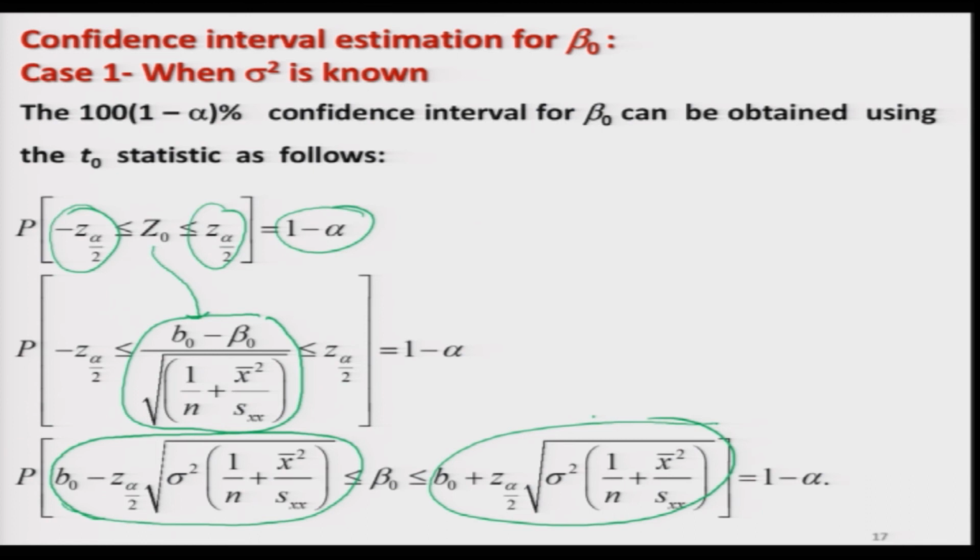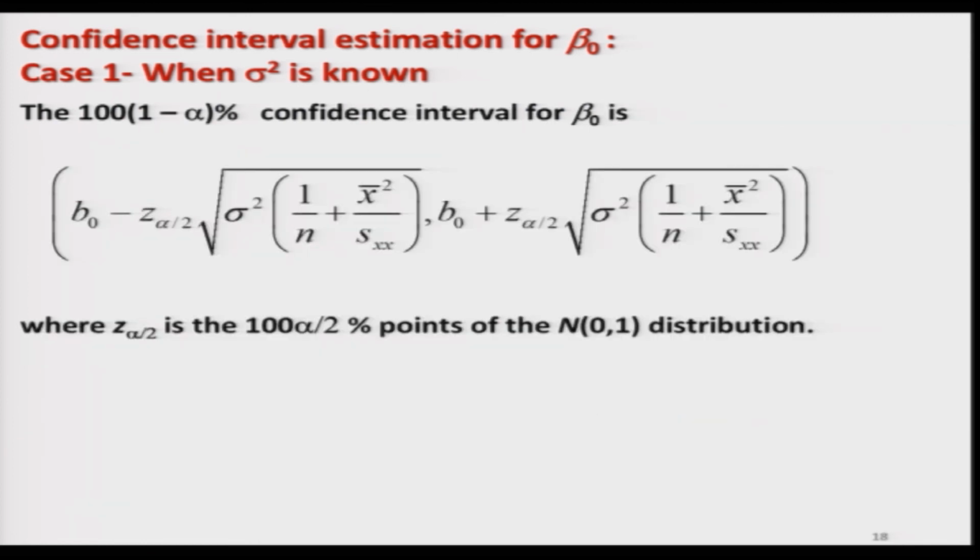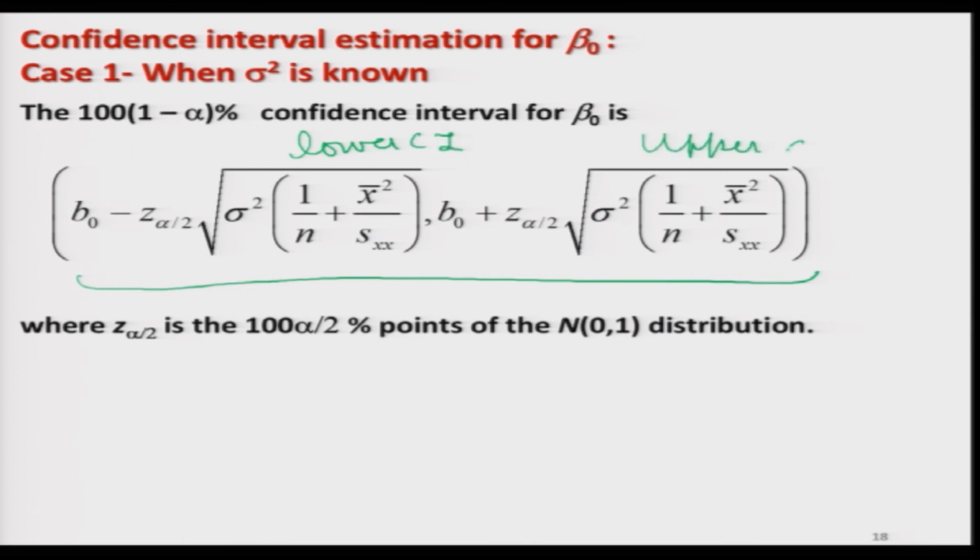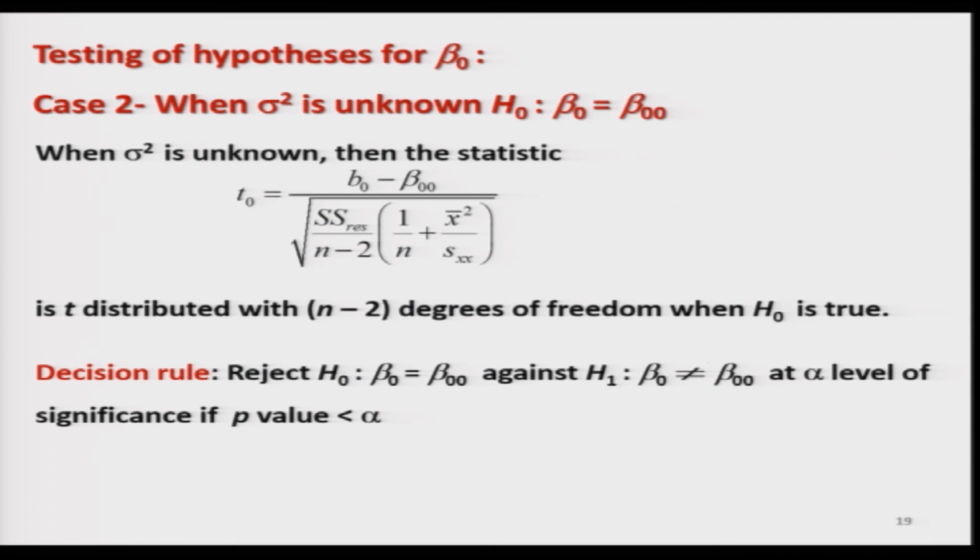So, I can say that the 100 1 minus alpha % confidence interval for this beta naught is given by these 2 limits. This is the lower confidence limit and this is the upper confidence limit. And as usual, this z alpha by 2 is the 100 alpha by 2% point on the normal 0,1 distribution.